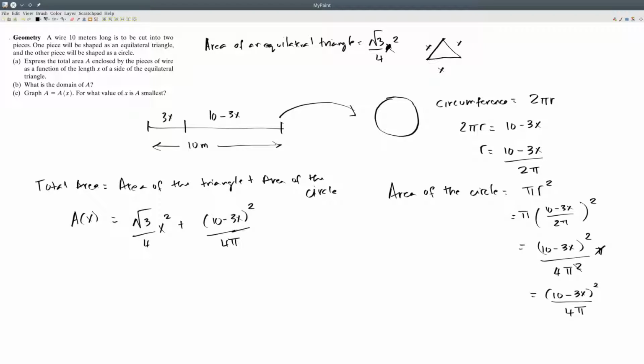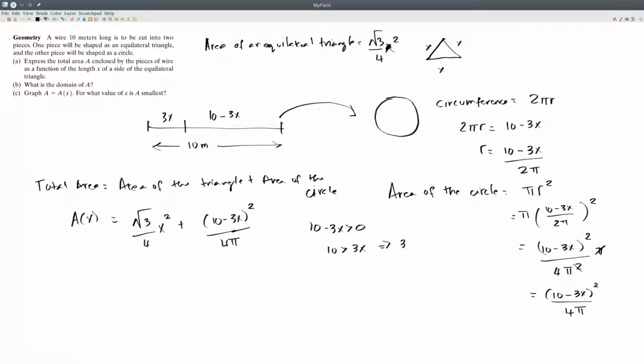Now what is the domain of A? A is an area, so the smallest value x could take is 0. We would like to have a length in such a way that 10 minus 3x is greater than 0. If 10 minus 3x is greater than 0, then 10 is greater than 3x.